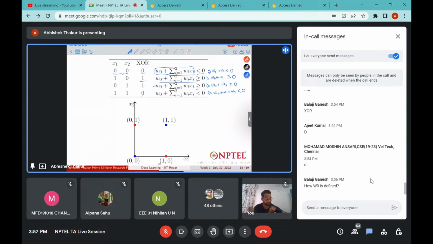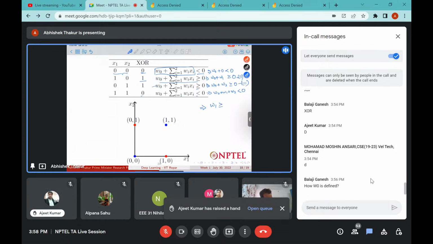So here we have got our four equations. This is our equation number 2 and equation number 3. We can write it as W1 is greater than or equal to minus W naught and W2 is greater than or equal to minus W naught.